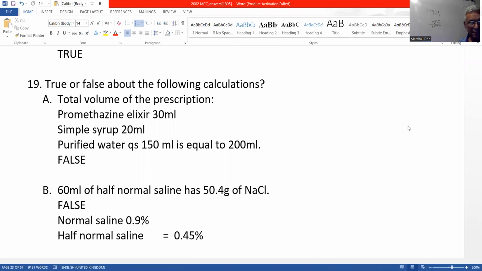So it has promethazine elixir 30 ml, then promethazine simple syrup 20 ml.